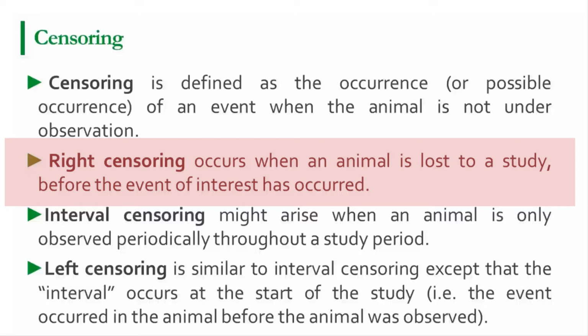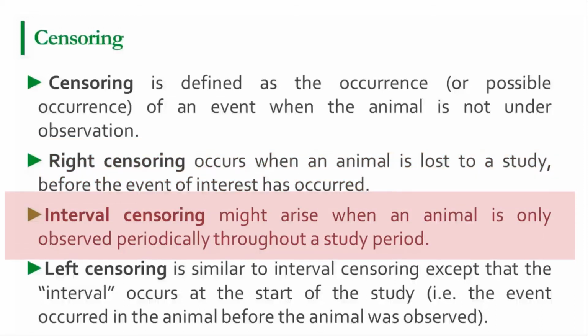But there are also other ways of censoring, which is interval censoring. For example, we do checks in different time periods to identify animals with the event. Let's say every 6 months we follow up a flock and see if any animal died.